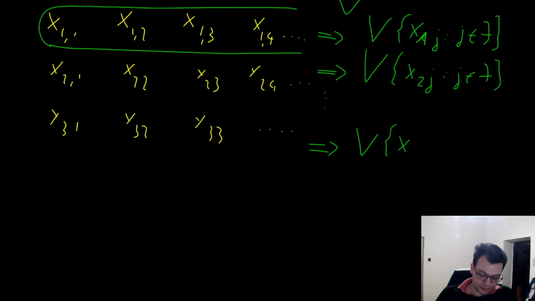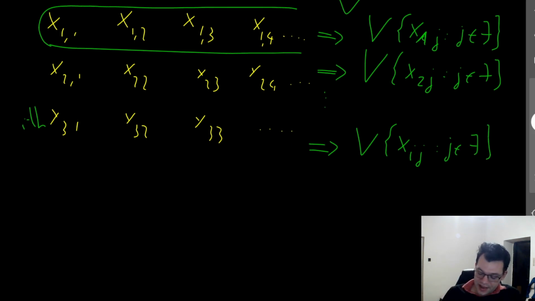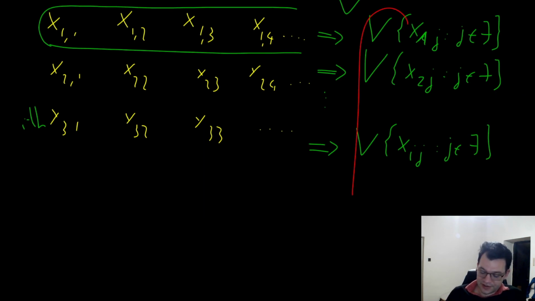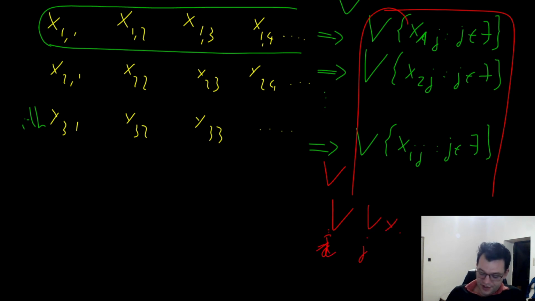In the ith row we have the xij, j in J, but i is fixed. And then I get several elements, and then I'll just take the supremum of these, and that will be the supremum over i of the supremum over j of the xij's.